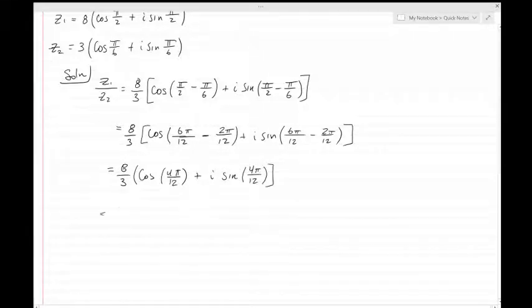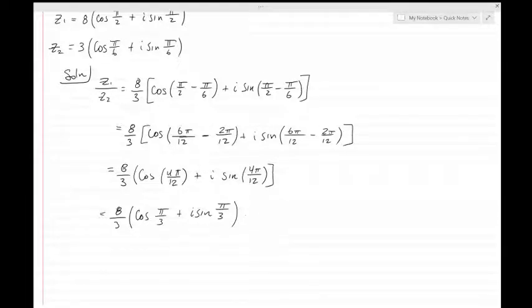And then 8 over 3 times cosine of pi over 3 plus I sine of pi over 3 is our final answer, and that is in polar form. Okay, so that is finding the quotient of complex numbers.